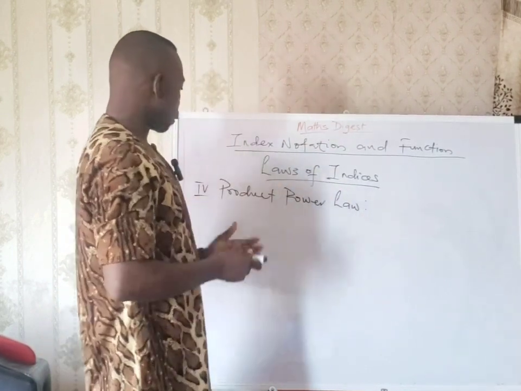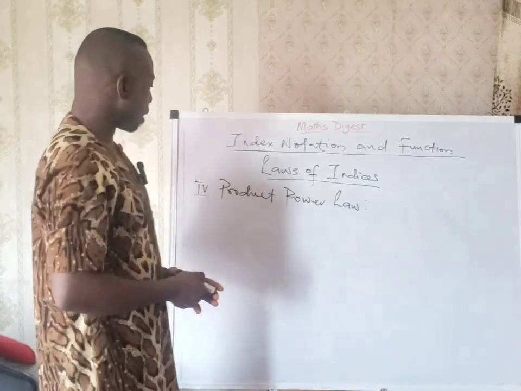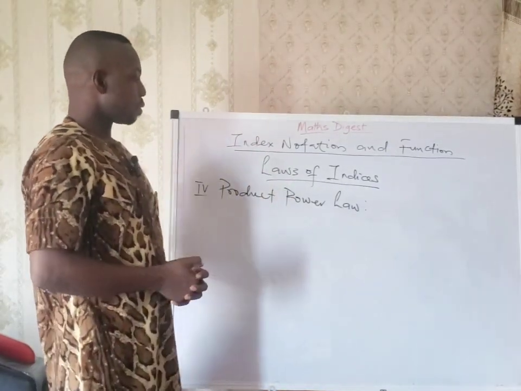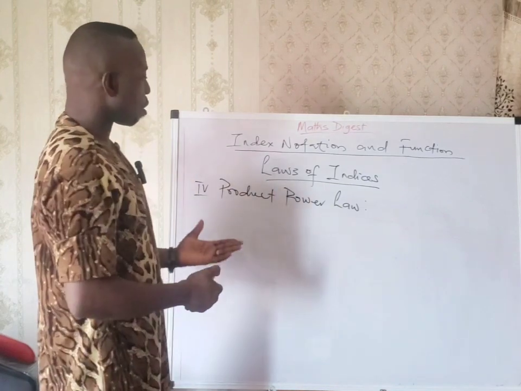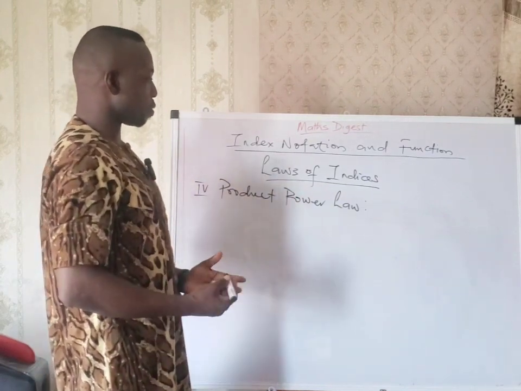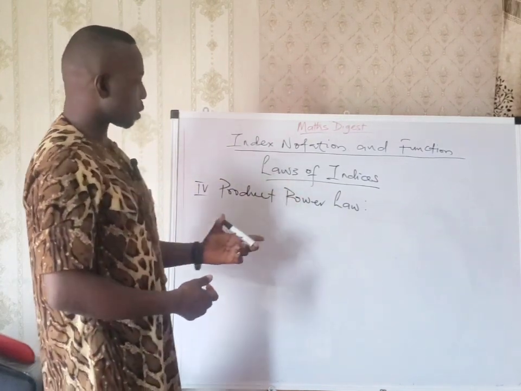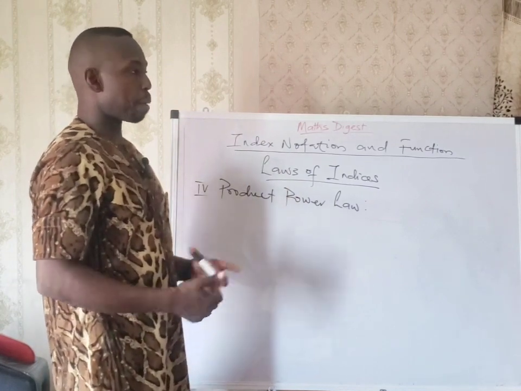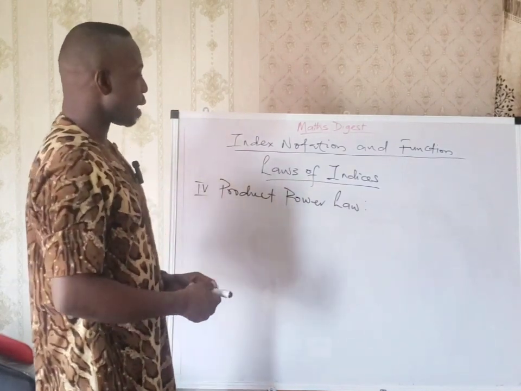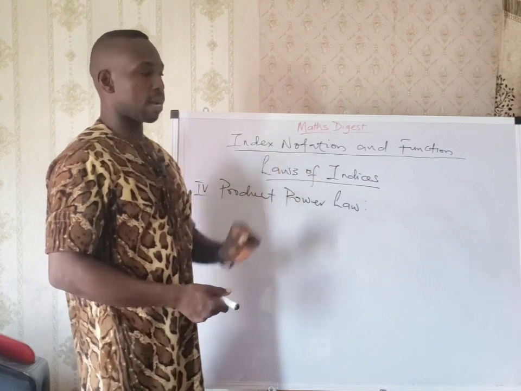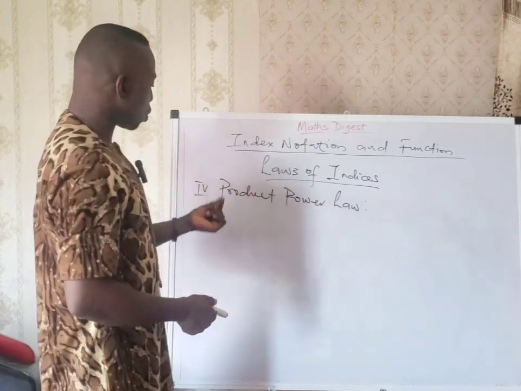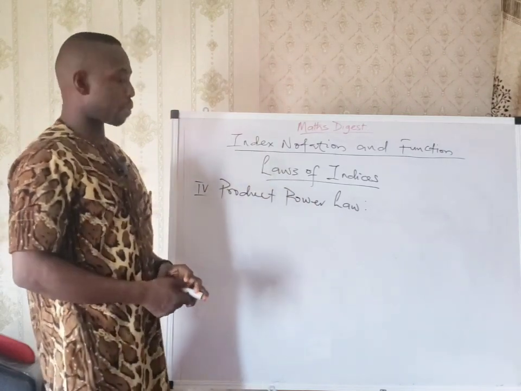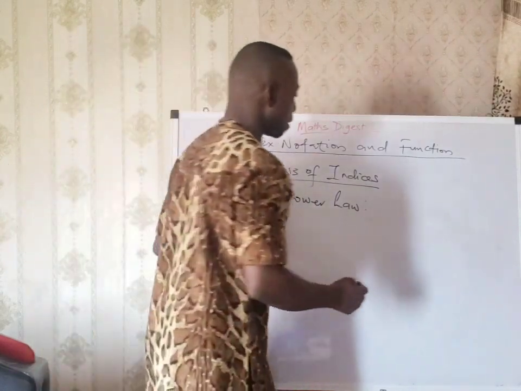Now, dealing with this, we simply mean that if numbers that have different values are multiplying each other, perhaps in the brackets, and they are raised to a certain power, what you do is you distribute that power to each number contained in that bracket.